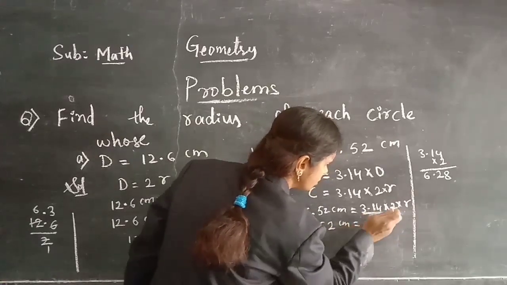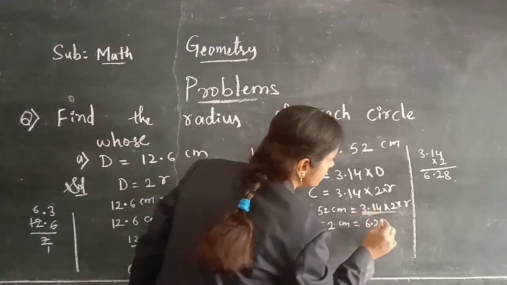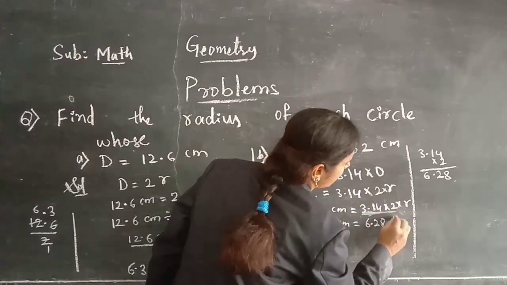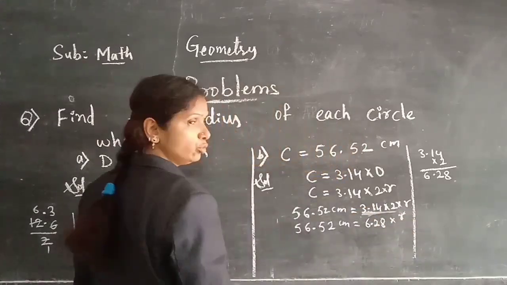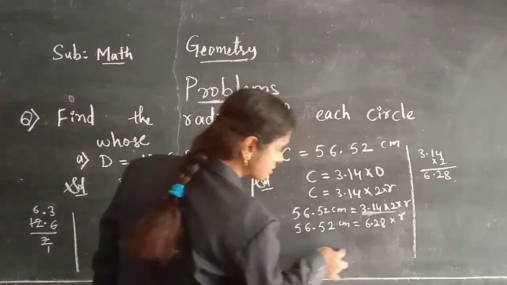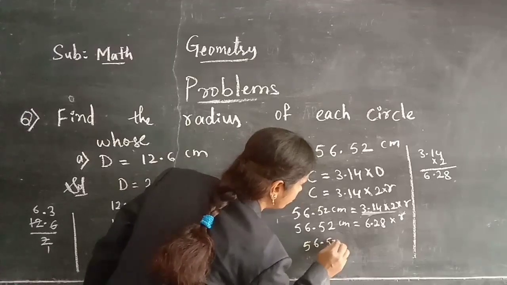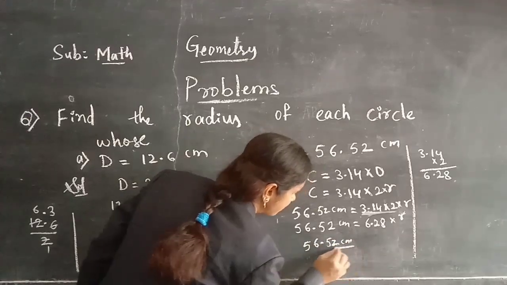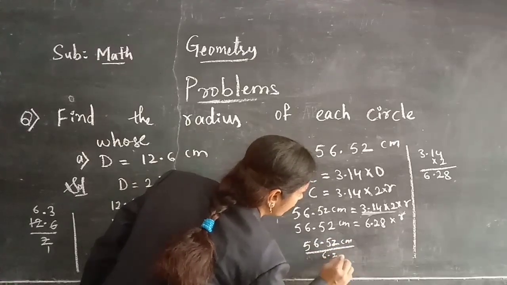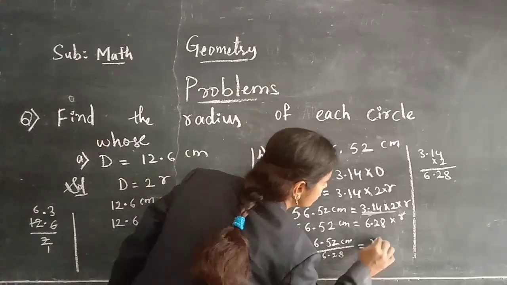This is not division, children. Now to find the radius value, I am shifting 6.28 to this side. So what will it become? 56.52 centimeters divided by 6.28 is equal to r.